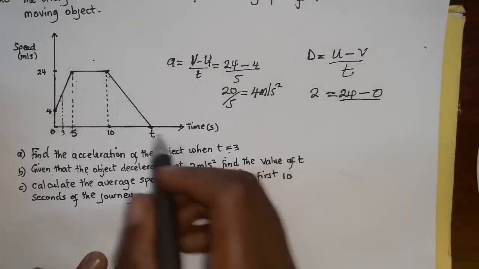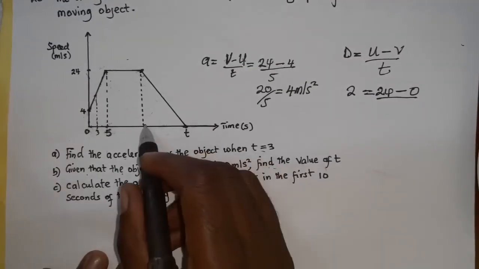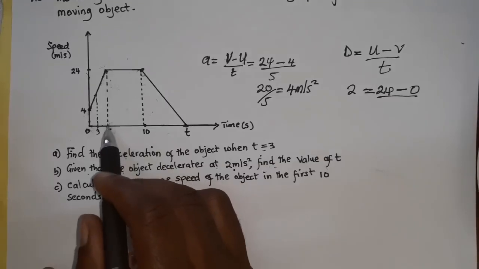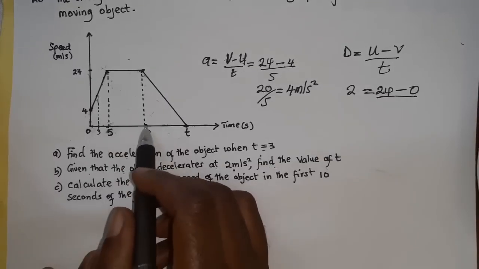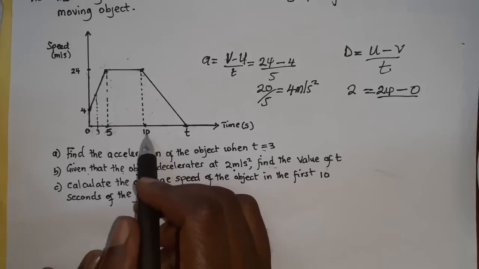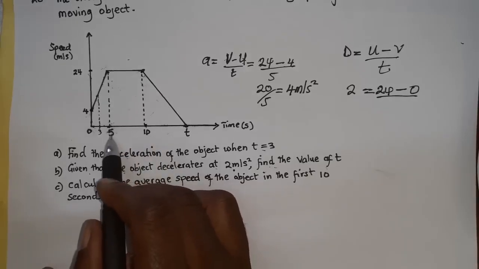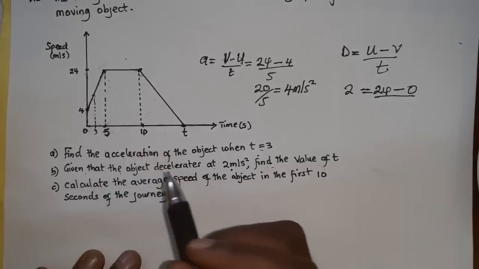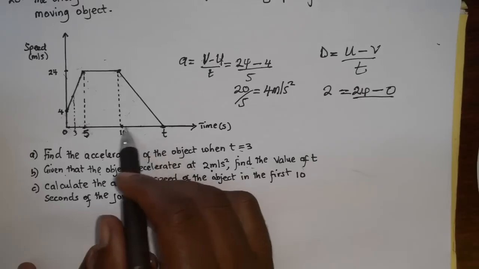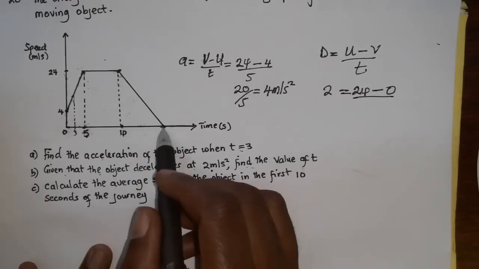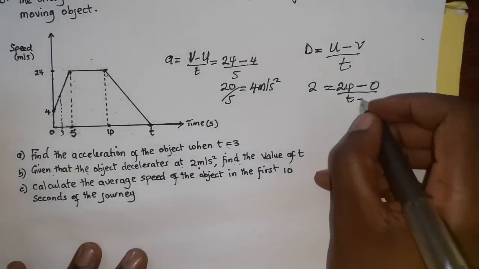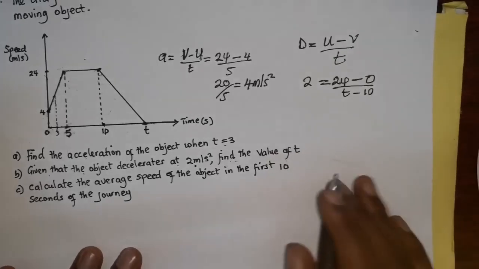So we are looking at time from this point to this point. For instance, if you want to find the time difference from 5 to 10, we usually say 10 minus 5. So even in this case, to find the time here, we are going to say t minus 10.